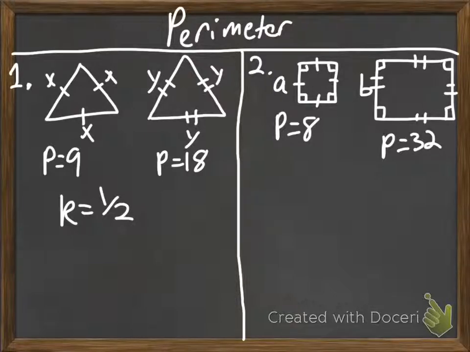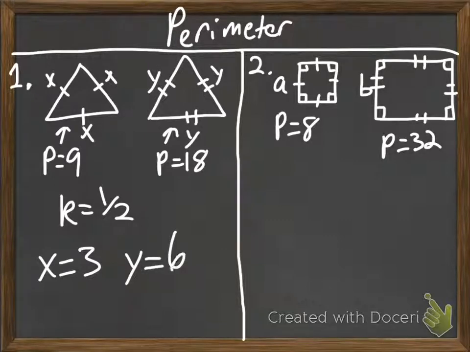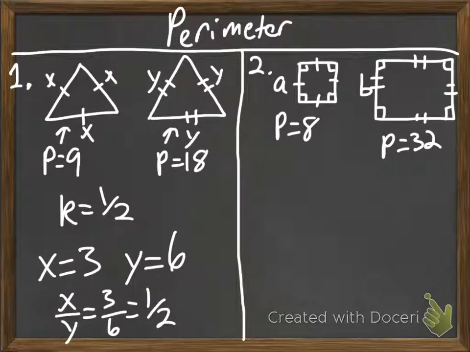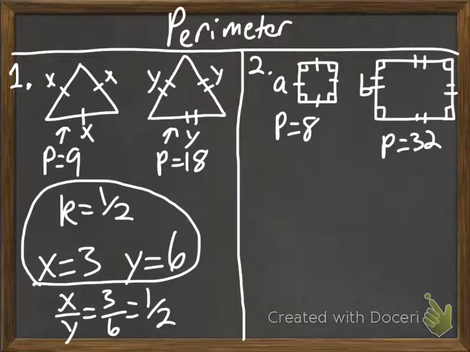Well, these are equilateral triangles, so I know that for my perimeter of 9, it has to be split 3 ways, so that x equals 3. Same idea with my triangle with y. I know it has to be split 3 ways, so y should be 6. Now I test and I do my x over y. 3 over 6 equals 1/2. So I know that, yes, my x equals 3, my y equals 6, and my scale factor is 1/2.